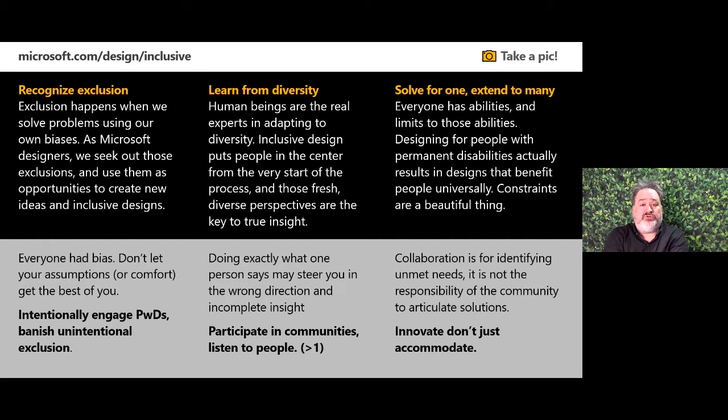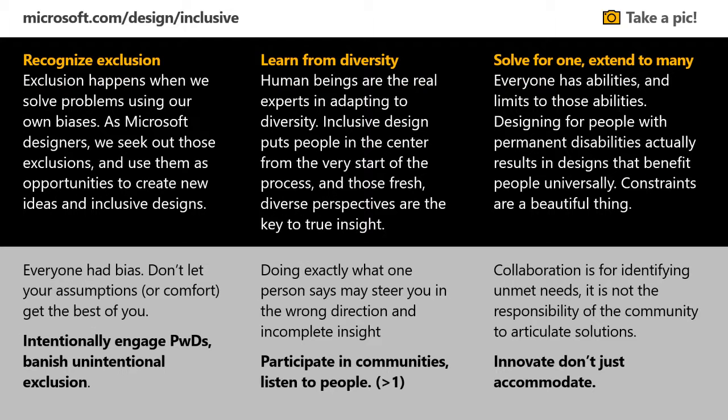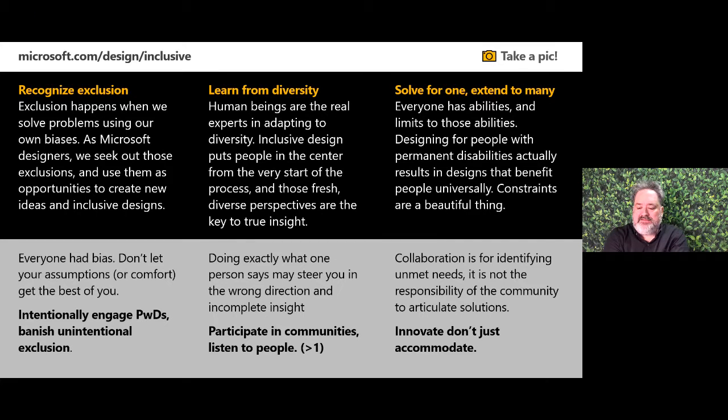We're professionals too. While I did say in the beginning that we want to know the answers, at the end here, you have to understand that yes, the community will tell you what they need, but that doesn't mean they need to tell you what to do. So I really do think it's important not to put the burden of articulating the solutions on the disability community.